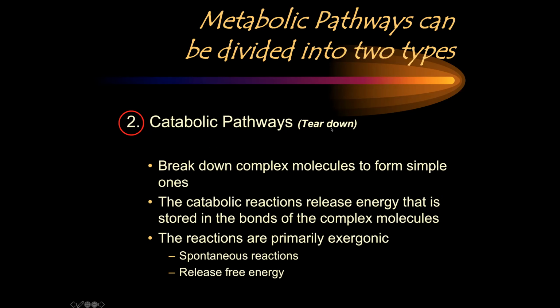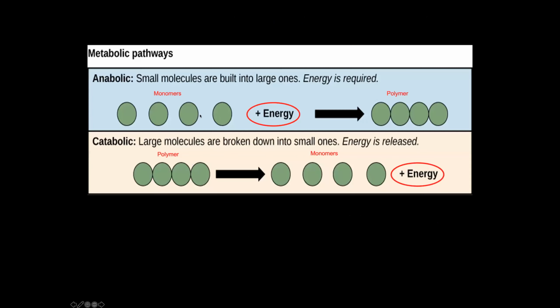Catabolic pathways are the opposite. They tear molecules apart, and when they do, they release energy. They break down complex molecules to form simple ones, and they release energy. And this illustrates and contrasts the two. So an anabolic pathway, remember, builds up, takes small molecules like monomers, consumes energy, and makes a polymer.